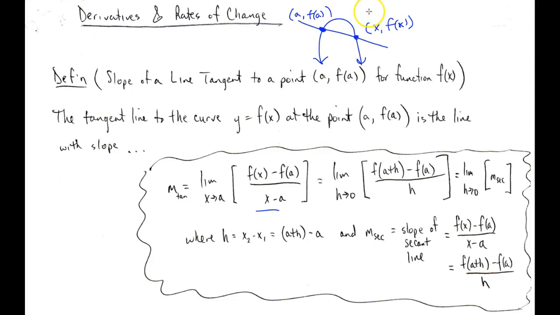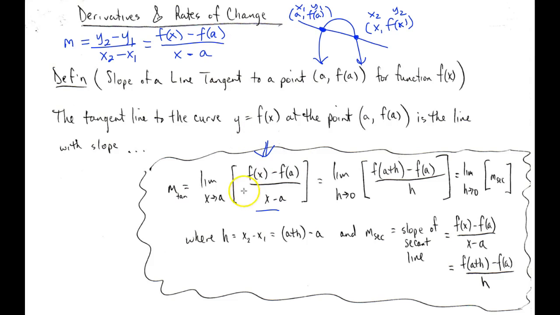If I label this my x2, y2, and this my x1, y1, and put that into the formula for the slope of a line, you'll see I end up with f of x minus f of a, because that's my y2 and that's my y1, divided by x2, which is just x, minus x1, which is just a. So that's what that is.